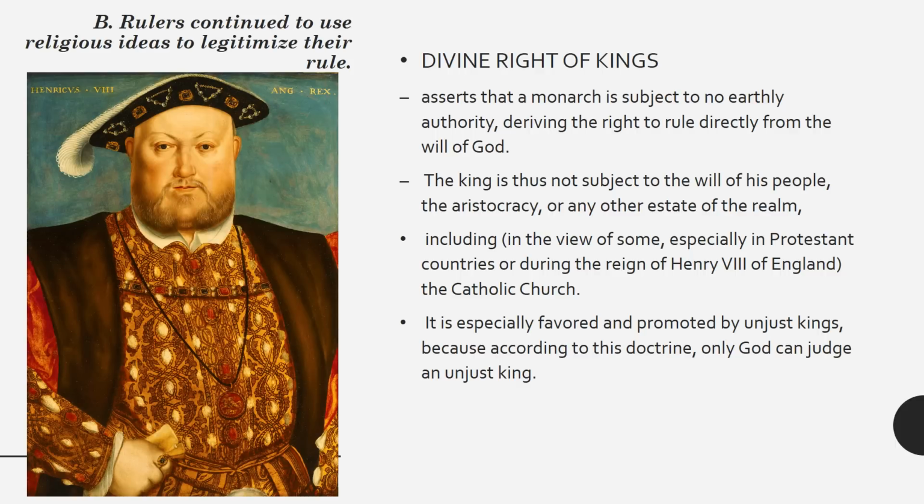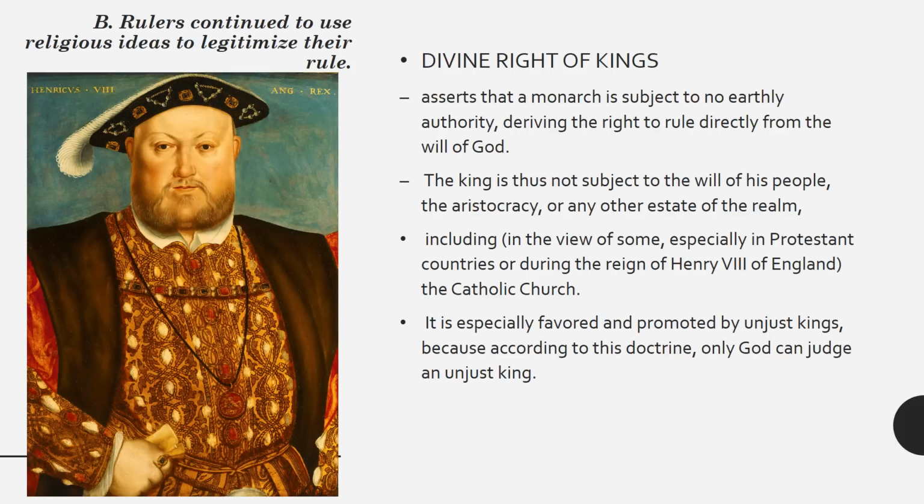We see that there is a constant effort in Part B of rulers trying to use religious ideas to legitimize their rule. As part of the variety here, the big one, and I put it all in bold for you, is divine right of kings. Other areas use their own different religious ideas to legitimize rule. In Europe, they're using divine right of kings. And so for England and the Dutch, this is important because, what is divine right of kings?